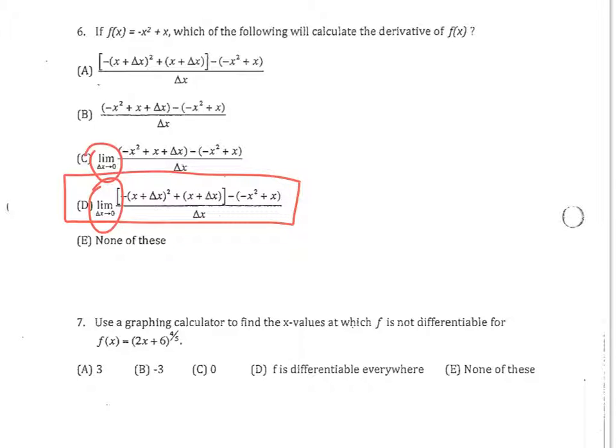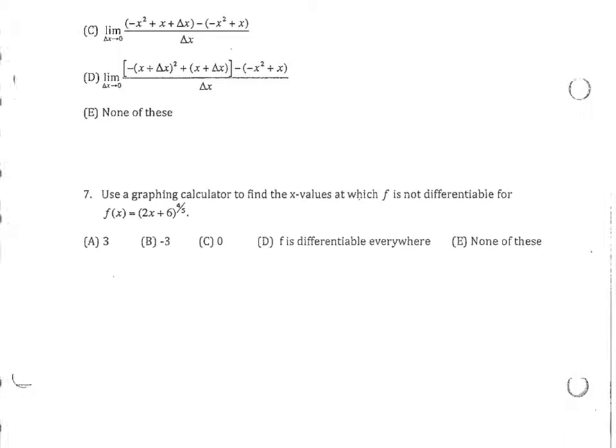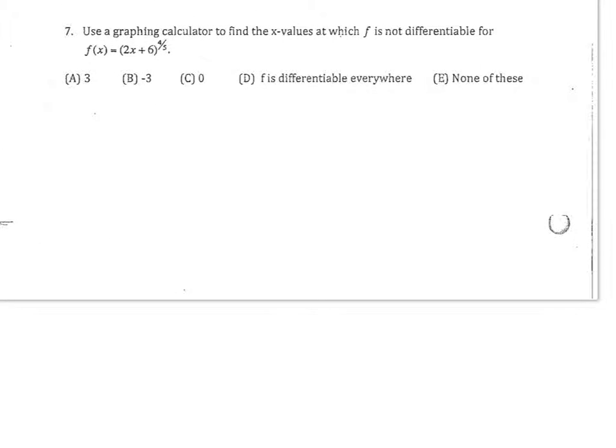Okay, and number 7, use a graphing calculator. I don't know if you need to use a graphing calculator. You're trying to find the x values where f is not differentiable. Okay, a lot of times that happens with that fractional exponent.